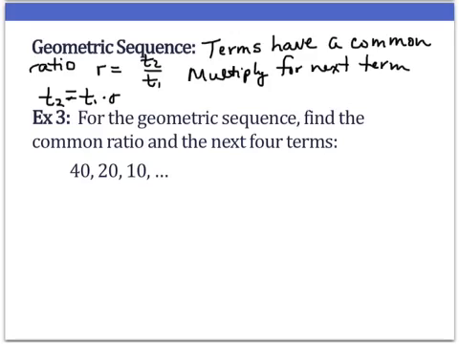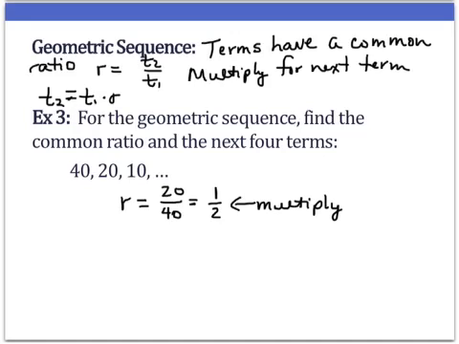For the geometric sequence below, we want to find the common ratio and the next 4 terms. The ratio, 20 divided by 40, is 1/2. And it's the same thing if you divide 10 by 20, you're going to get 1/2. With any geometric sequence, we're going to multiply by the last term we have.